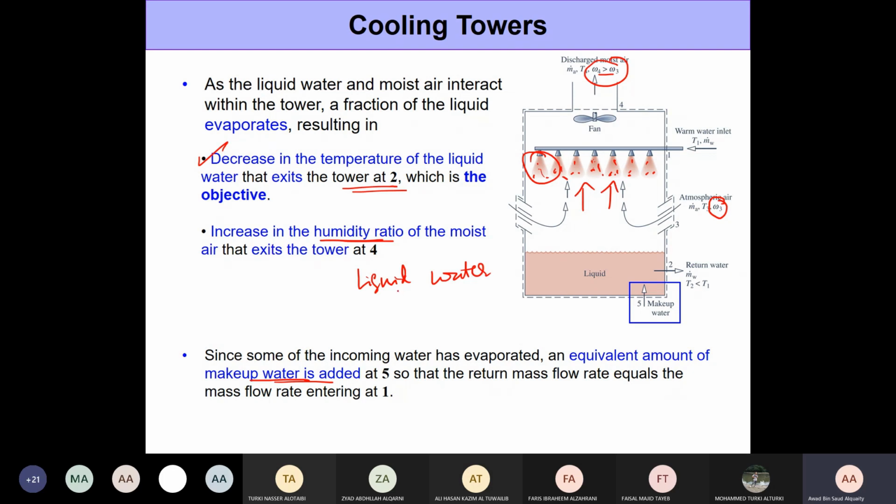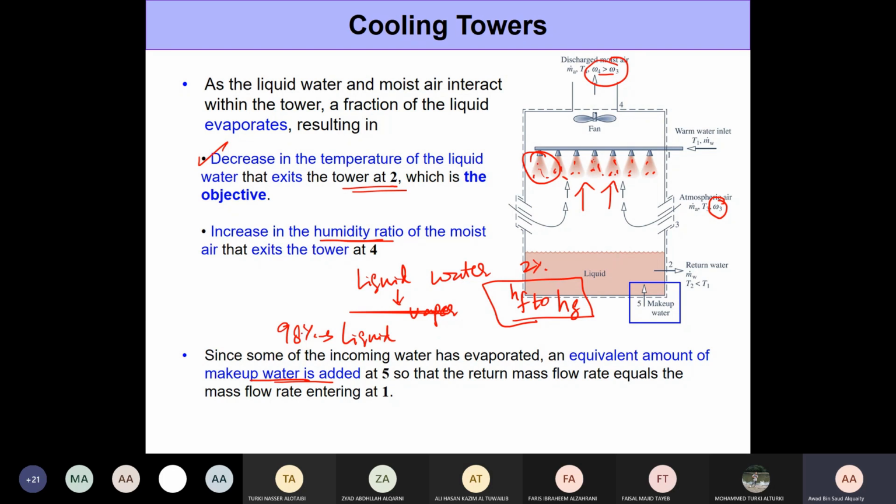Now, when we say it's getting evaporated, basically liquid water is converting to vapor. So the enthalpy of this, let's say 2% of the initial mass flow rate, needs to go from Hf to Hg, right? This increase in enthalpy needs to come from somewhere, and basically it comes from both the water that remains, the 98% that continues to remain as a liquid, as well as from the air that goes up.